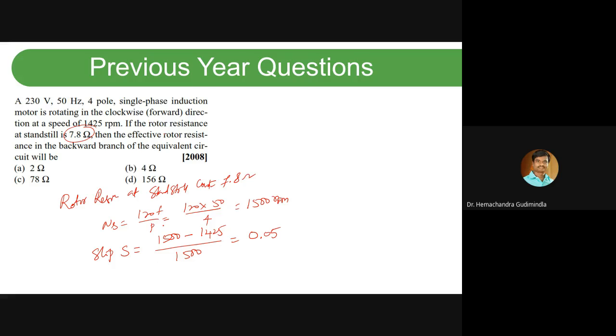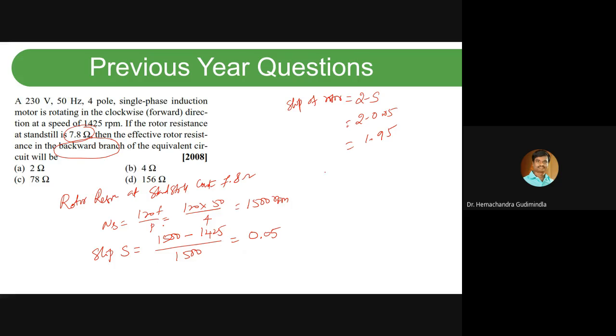Now, if you look at the question, the effective rotor resistance in the backward branch. Whenever you are talking about the backward branch or backward field, that means negative sequence component. Then what about the slip of rotor? Slip of rotor with respect to backward field is 2 minus s. So we will get 2 minus 0.05, that is 1.95.